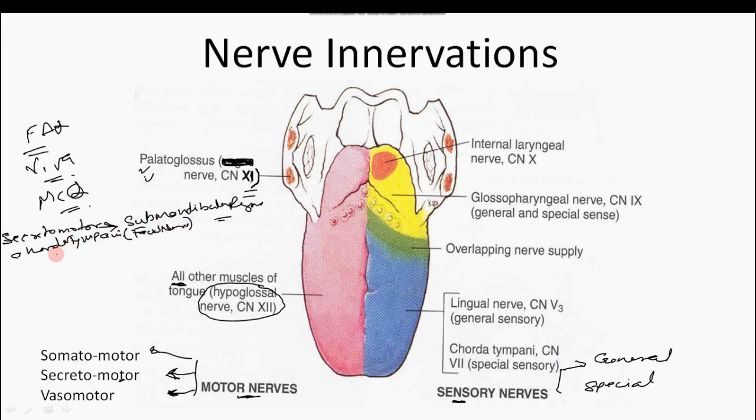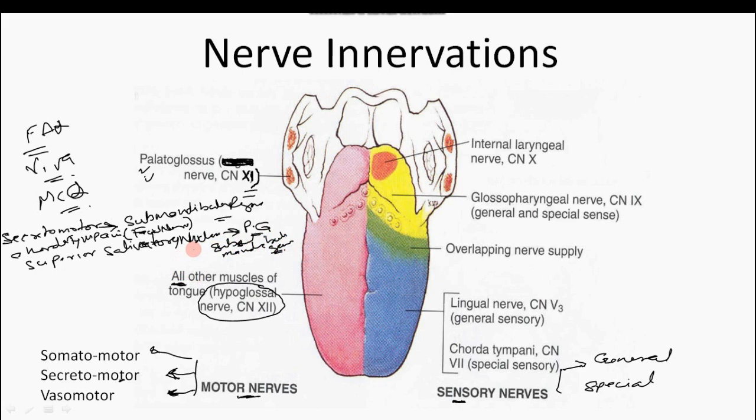So this chorda tympani from the superior salivatory nucleus, the preganglionic fibers, I am writing in short form PG, take the nerve conduction and go to the submandibular gland.